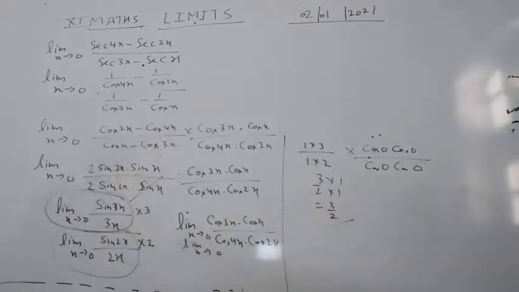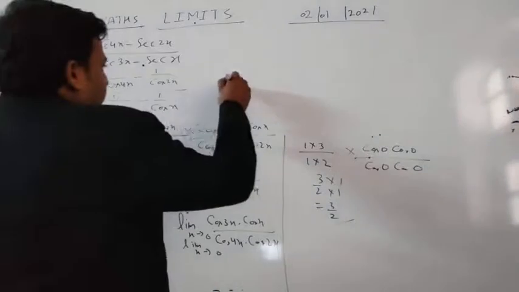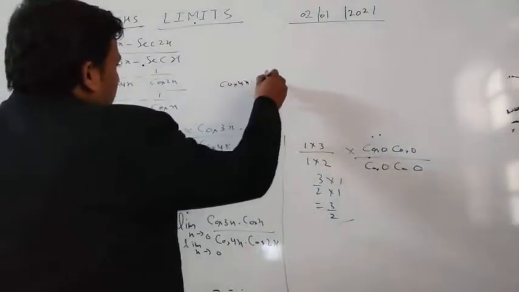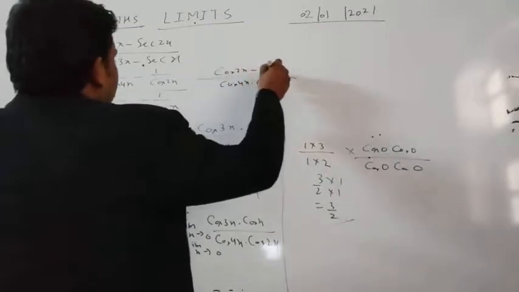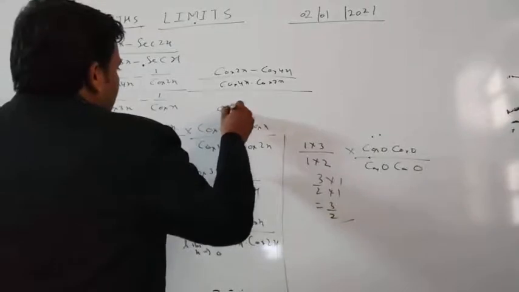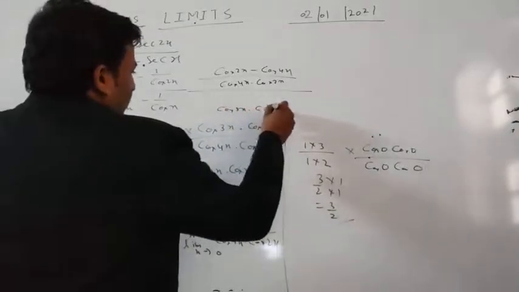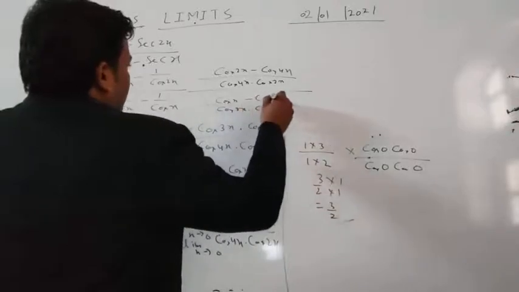Okay student, now we are taking LCM, this cos 4x and cos 2x, it will be changed in cos 2x minus cos 4x. Similarly in the denominator cos 3x cos x, and here we write cos x minus cos 3x.